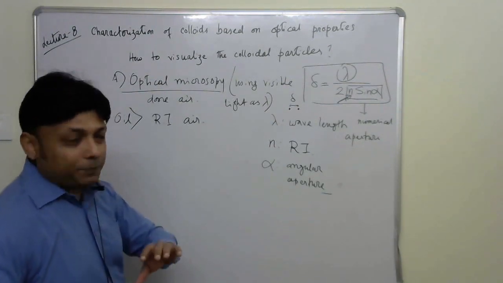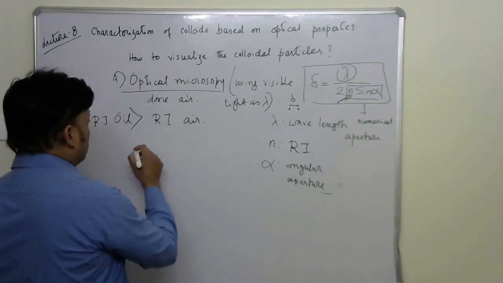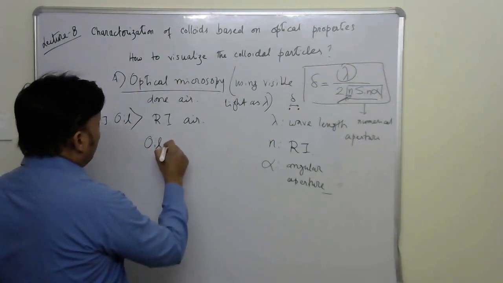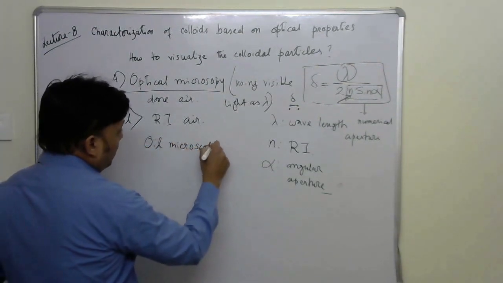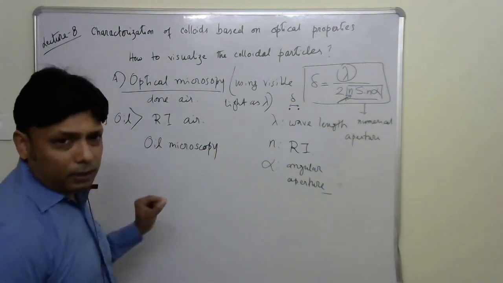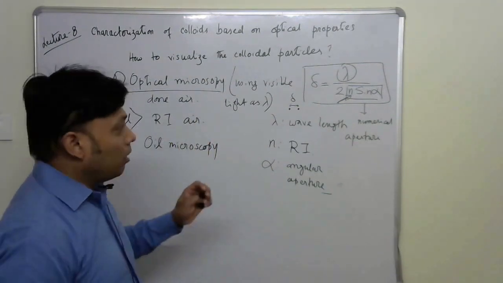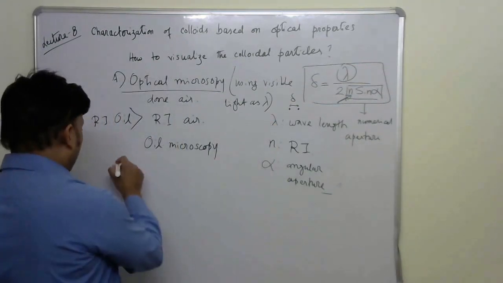And I'm not kidding, it is actually done. So under optical microscopy, we have a special kind of microscopy which we call an oil microscope. An oil microscope is also known as oil immersion microscope. It is a part of optical microscopy where we have an improved resolution due to n sine alpha.